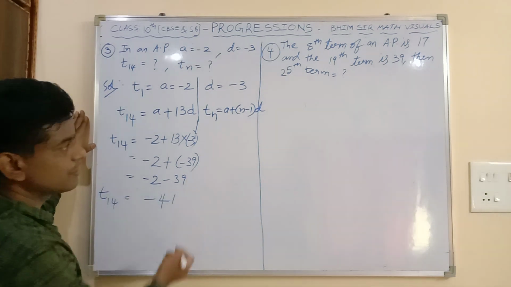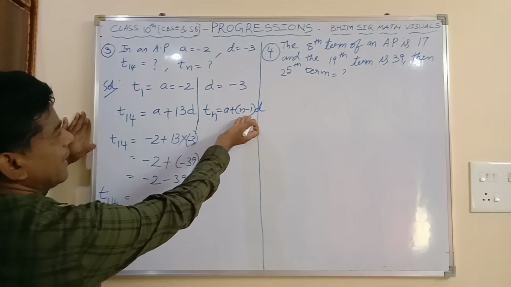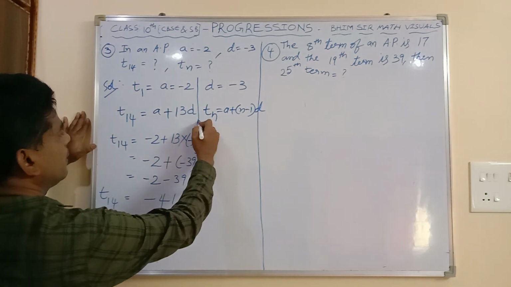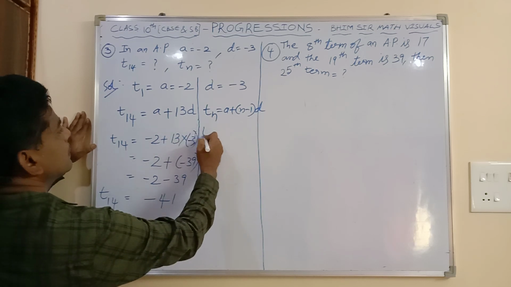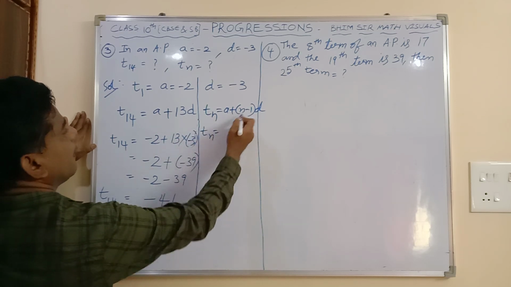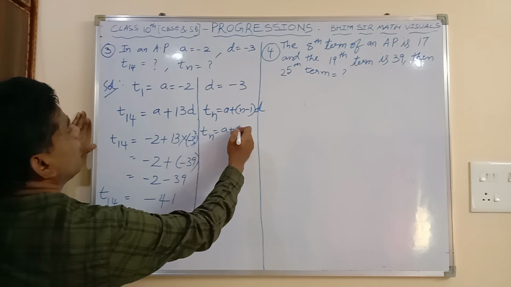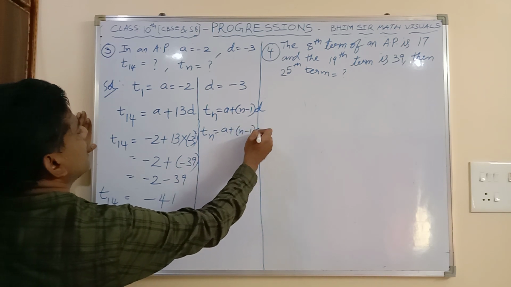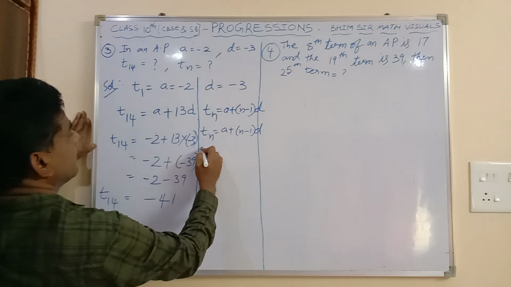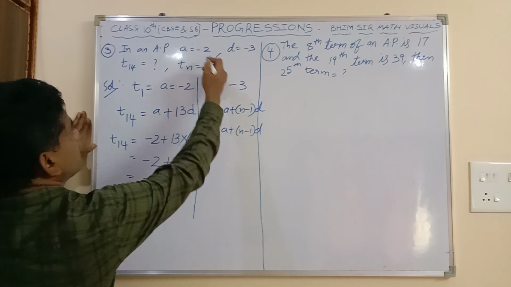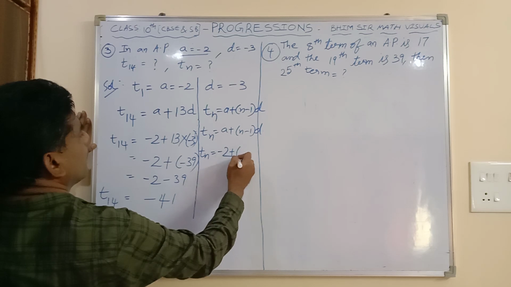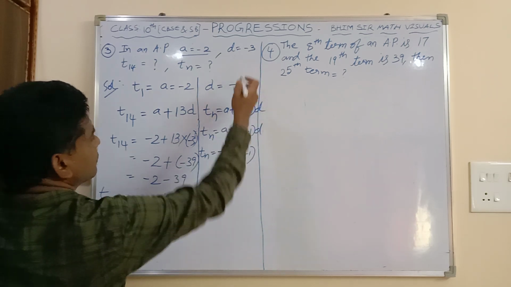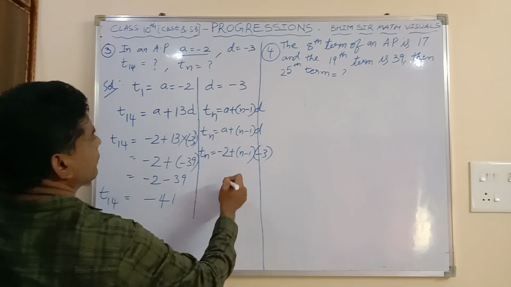Both are negative symbols, so now we add them. Similarly, find Tn. Tn equal to A plus n minus 1 into D is the formula. Right here, substitute the A value, minus 2, and the D value is minus 3.